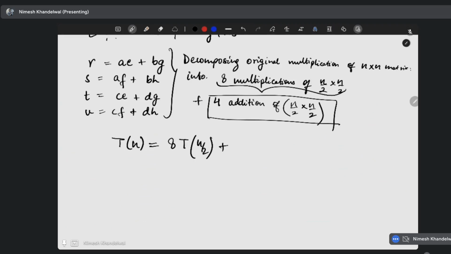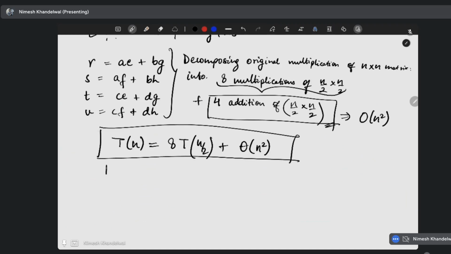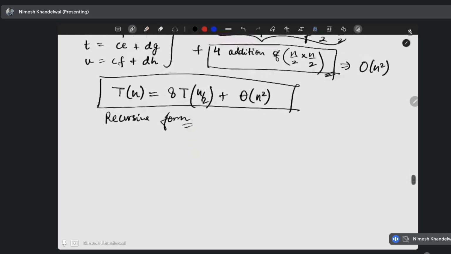So addition is order of n squared. So this is 4 times order of n squared, where of course we assume n to be much larger. So this is a recursive form, and since this is a recursive form, we can try to use Master's theorem for this.